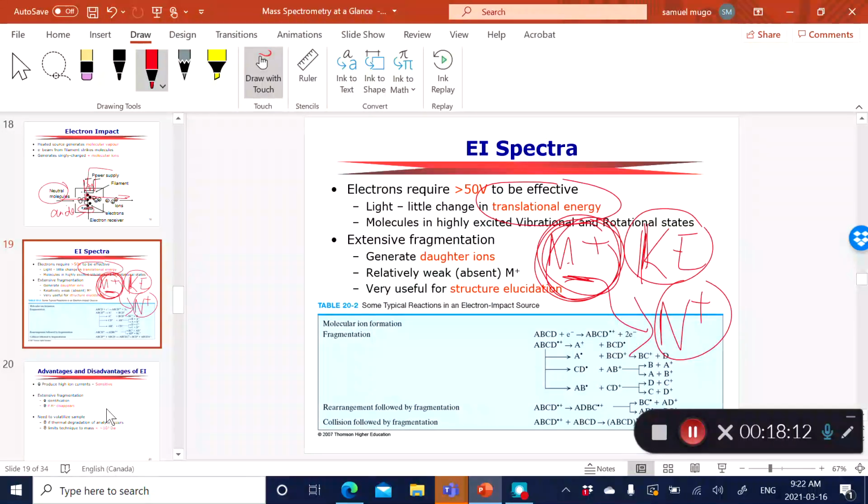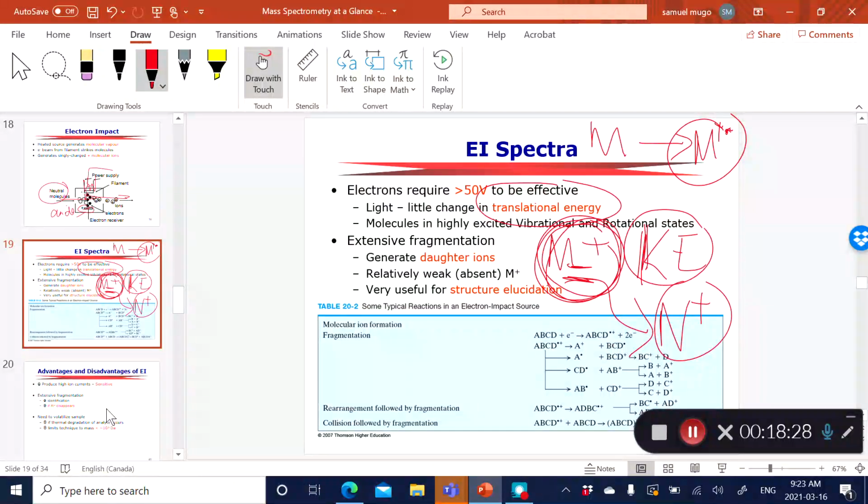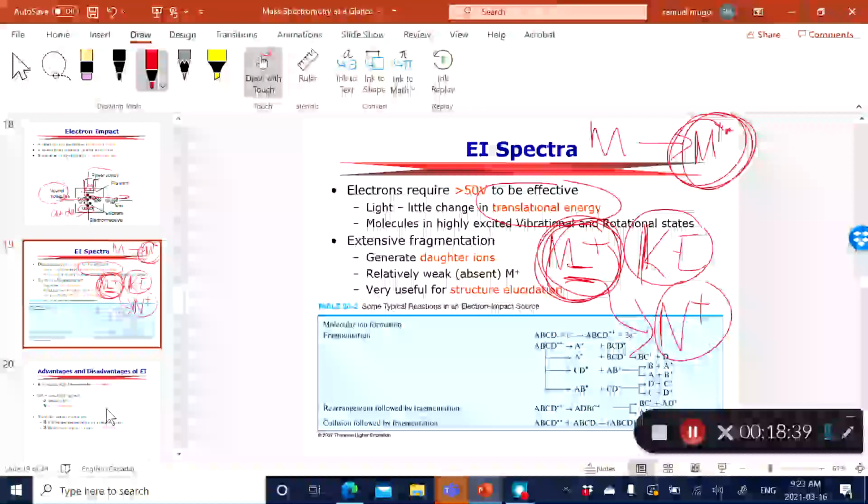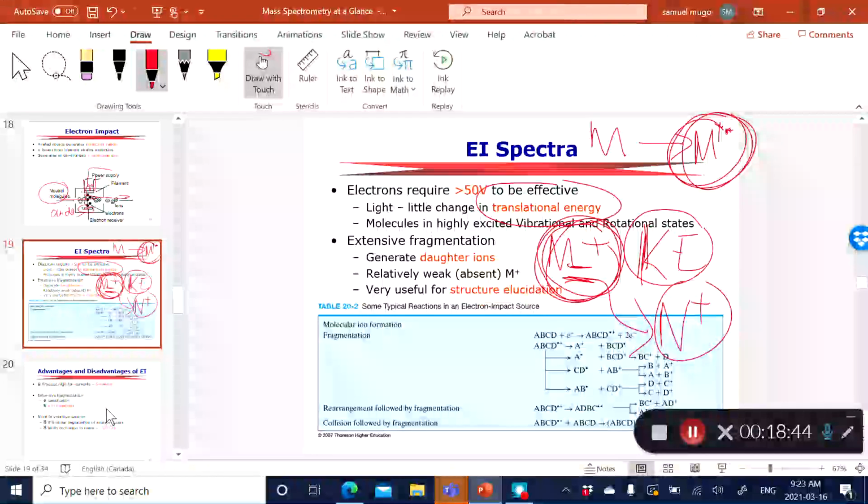And so you're going to see, this is what you call the molecular ion. If I've got a neutral molecule, and I just dislodge one electron, I typically get something that looks like that. People call it a molecular ion, because I've dislodged only one electron. But then these molecular ions typically have a lot of kinetic energy because of the volatile environment that I talked about, which comprises very energetic electrons.